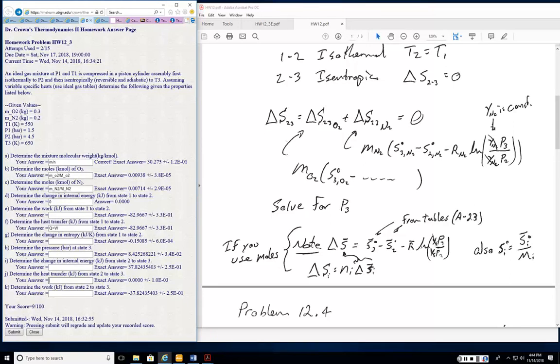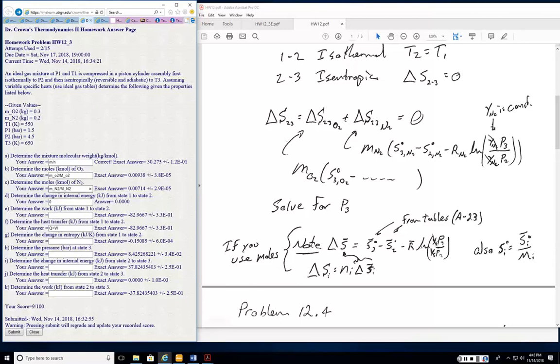It's a little easier to do everything in terms of S bar, but then you need to use the moles rather than the mass when you calculate delta S bar. And so since I had to calculate the moles, that might be an easier way to do it. And then these values are coming directly from table 823.